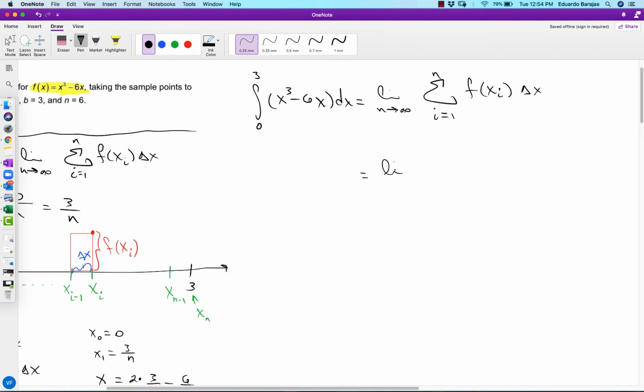And now this is equal to the limit as n goes to infinity of the Riemann sum as i goes from 1 to n of f of, and now I have a better statement than just saying x sub i.